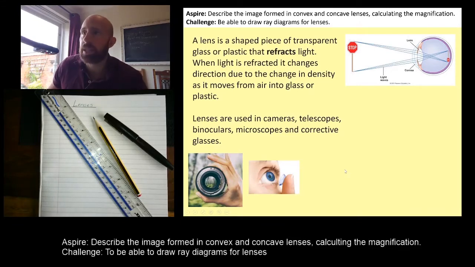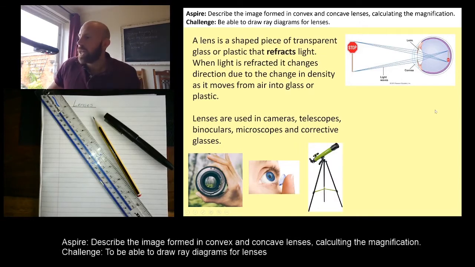We've got contact lenses. So if the lens in your eye is not working correctly, if it's not focusing the image on the back of your retina, then what you would need to do is put a contact lens in, and that contact lens would change where the image was focusing. Another type of lens is a telescope. Telescopes are used in order to focus the light coming from very, very long distances away, so that you can observe planets, galaxies, whatever it is you want to look at with your telescope.